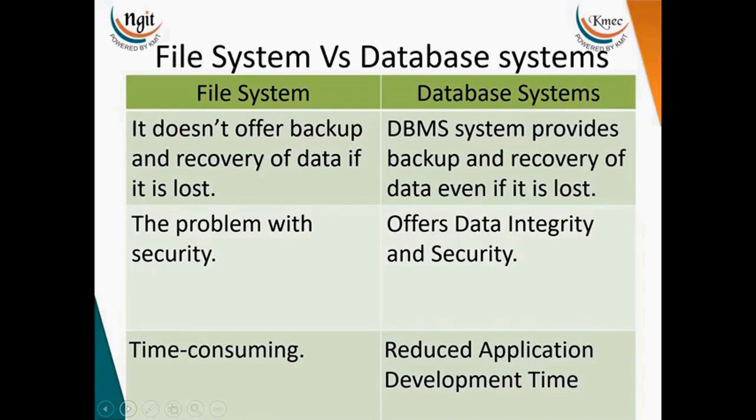And next, coming to the problem with security. Security is important for the data, whether it is stored in the file system or in the database management system. But assume that there is a file where the data is to be accessed by only two persons. The two persons who have created the data are the only ones having access to that particular data.